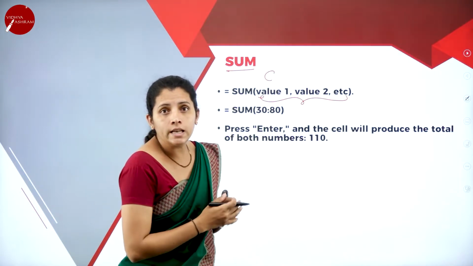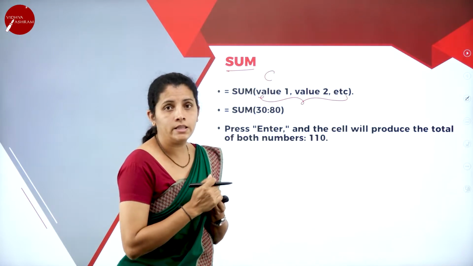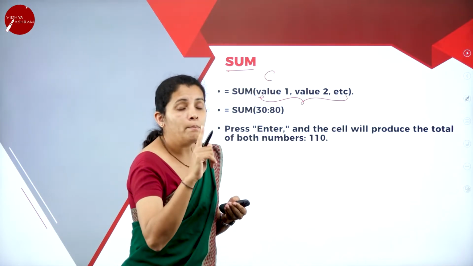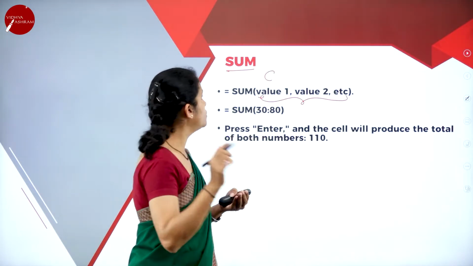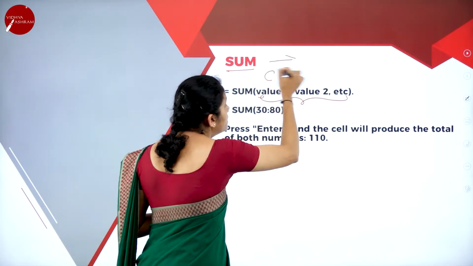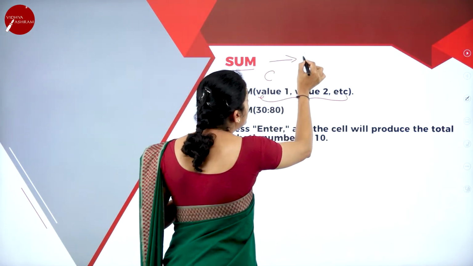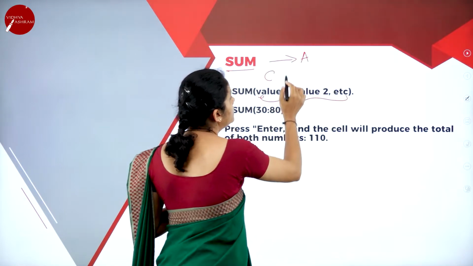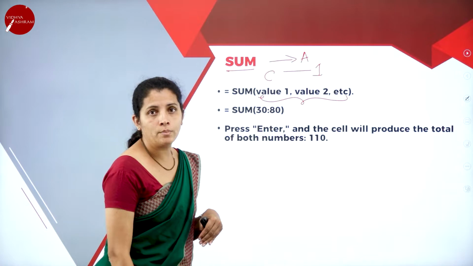So what is cell address? Here once again, cell address is nothing but the row number as well as the column name. So if the number is present in the 8th cell and in the first column, then what is the cell value I'm going to have?